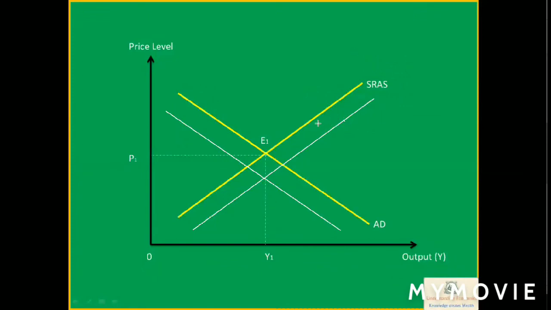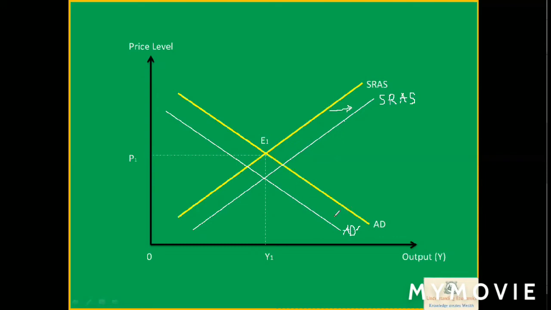I just tried to maintain this distance the same. This is our new aggregate demand, which has declined and moved to the left, and this is our new short run aggregate supply curve, which has moved in the rightward direction.